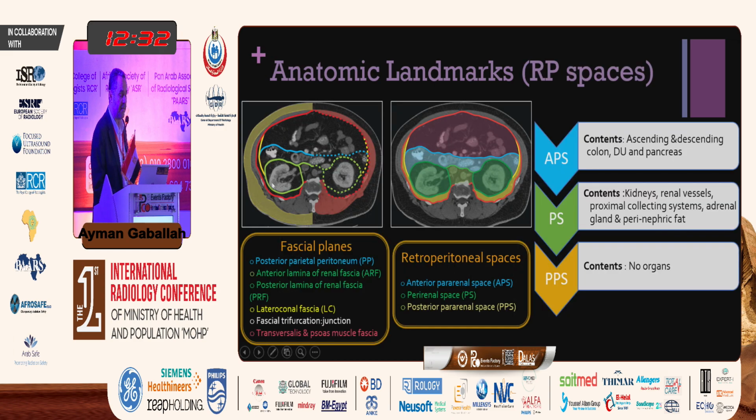These fascial planes divide the abdominal cavity into the peritoneum and the different retroperitoneal spaces. Remember that the posterior pararenal space does not have any organs. It's only fat, the one in yellow.